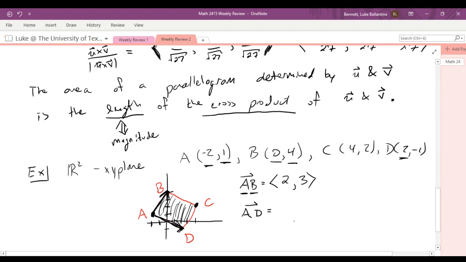So we have 2 minus -2 is 4. Then we have -1 minus 1 is -2. And that just looks right. If we look at vector AB, we go 2 in the x direction and 3 up. Vector AD, we go 2 down and 4 to the right. So it looks good.